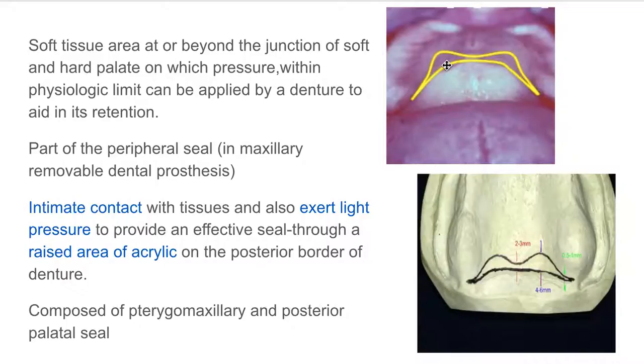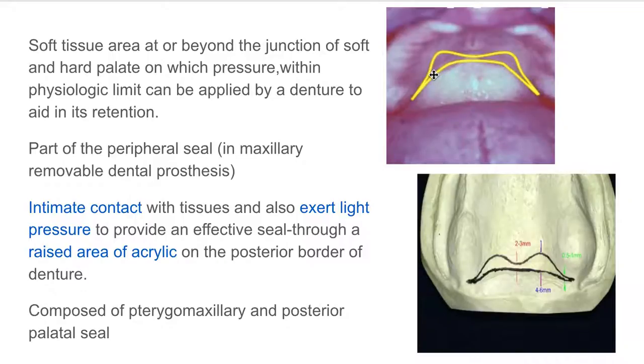The functions of the posterior palatal seal are to aid in the retention of the denture by providing an air seal and also to prevent food and liquids from slipping under the denture.